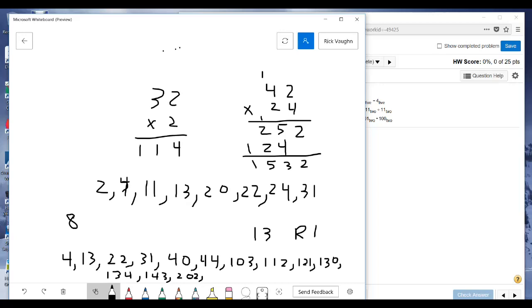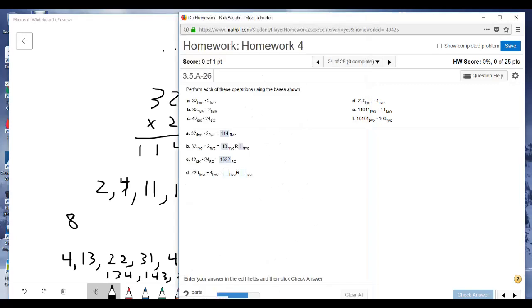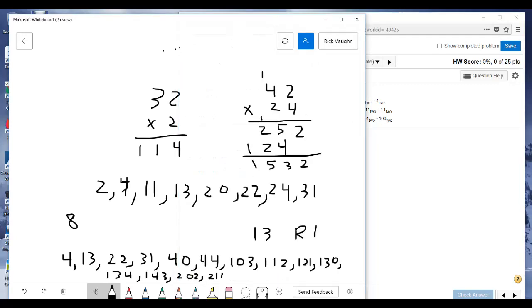Add 4 to that, 206, which is 2, 1, 1. Getting close now. Add 4 to that, and I have 2, 1, 5, which is 2, 2, 0. All right, that's the number we're looking for, 2, 2, 0.